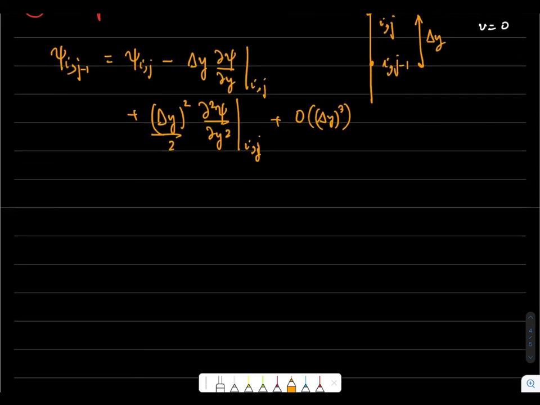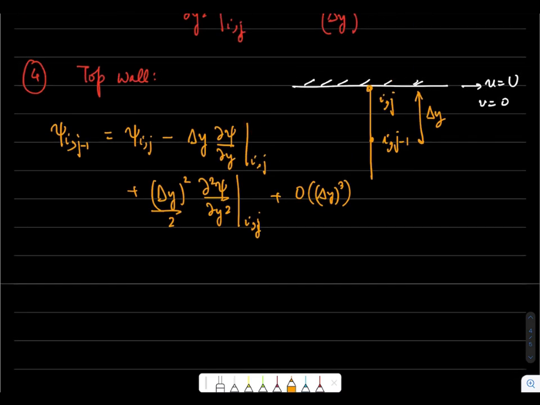Now we cannot put d psi dy as 0. Why do I say this? You note that u, which is d psi dy along this wall, is given as capital U. So I will now plug this in here.